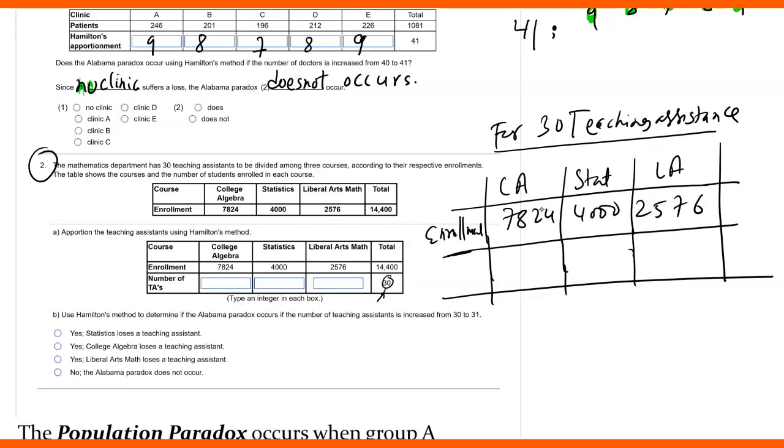Let's do Hamilton for 30 teaching assistants. I'm not going to do all the steps for Hamilton here because we did it in the previous section. You guys go back and check the video from last section for how we did Hamilton.